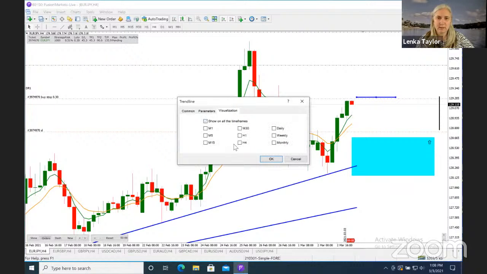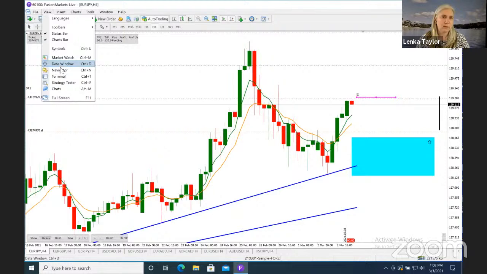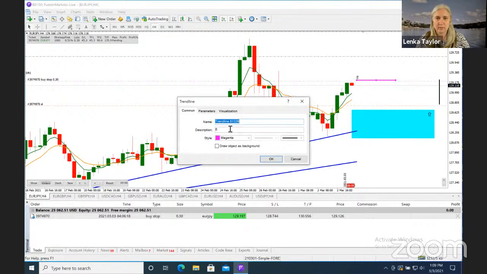So here is the H4. So this is entry. Let me just copy those levels though. Okay. So entry would be at 129.197.